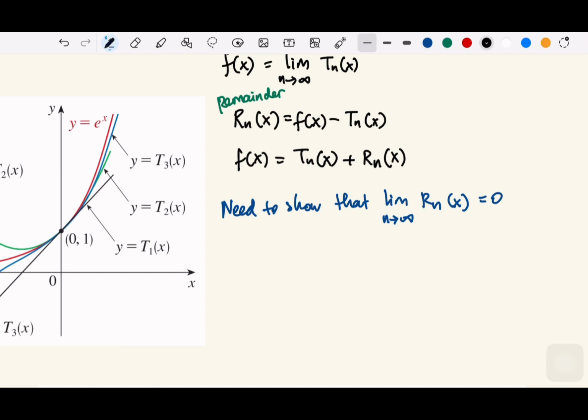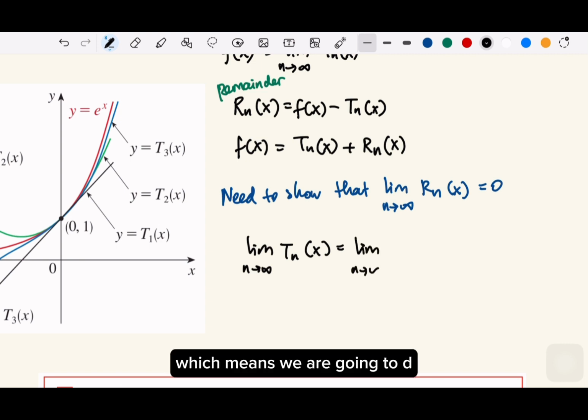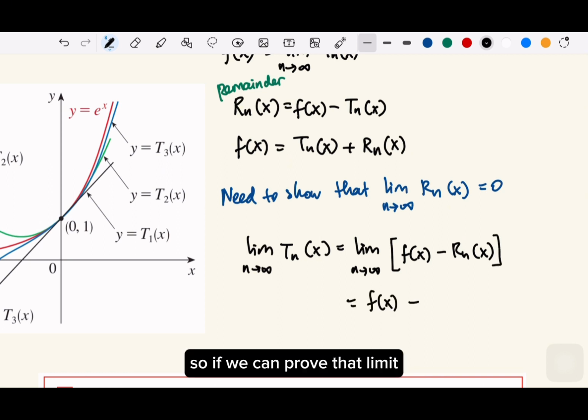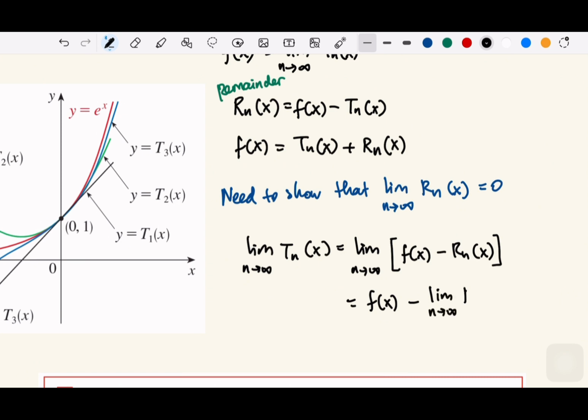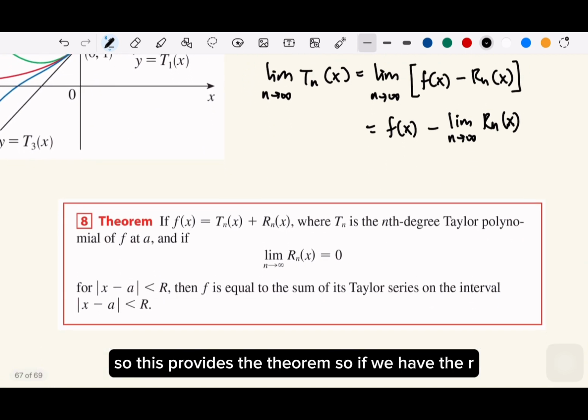So we take the limit of our Tn, which means we deconstruct the T, which becomes f minus R. So if we can prove that the limit of this R is 0, then we can prove that the limit of the T is equal to the function of x. So this proves the theorem.